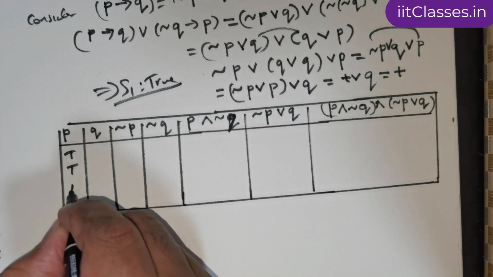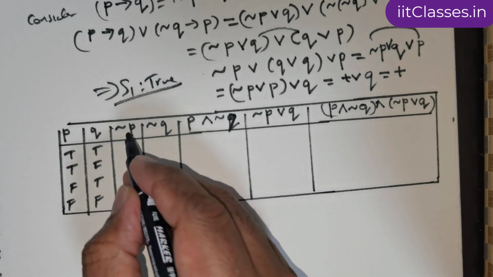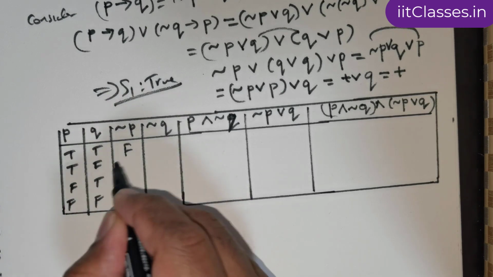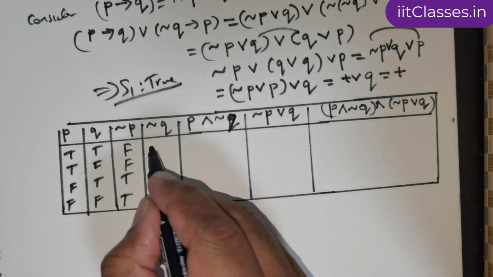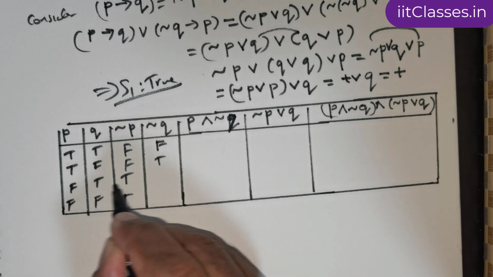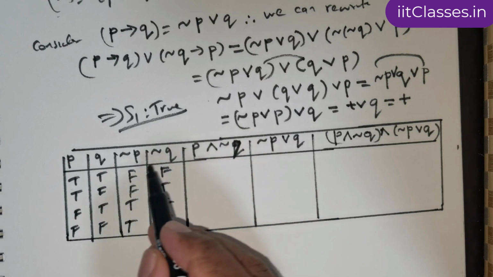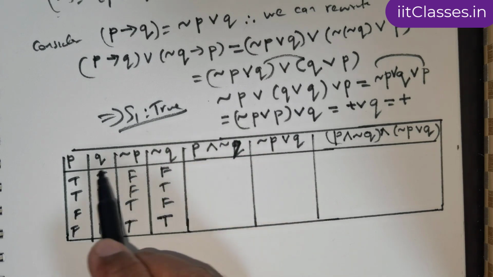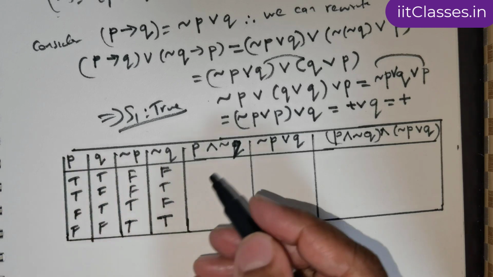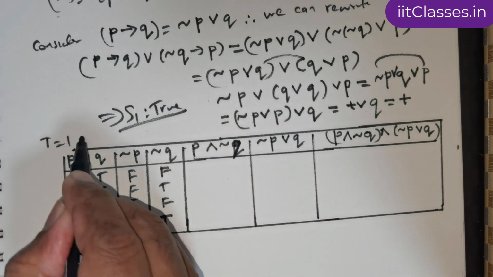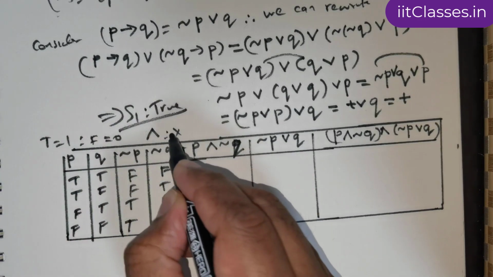T, T, F, F. Q: T, F, T, F. Negation of P: F, F, T, T. Negation of Q: F, T, F, T. Now we are looking at the conjunction of P with negation of Q. As I already mentioned, we take T as 1 and F as 0, and the conjunction operator as product.